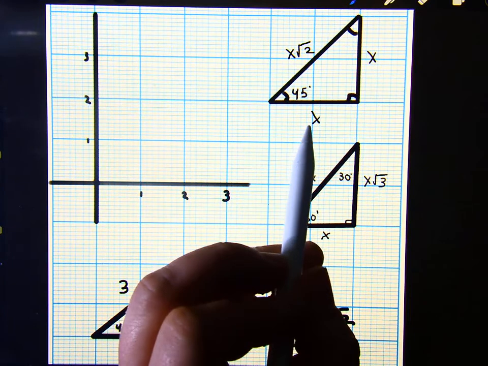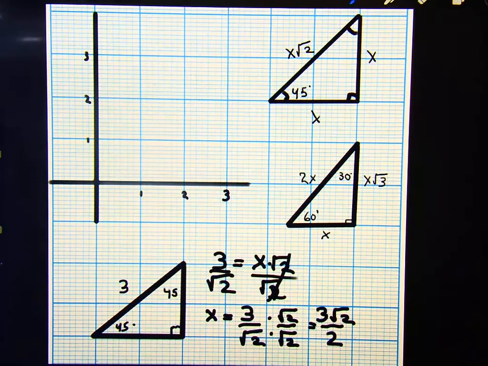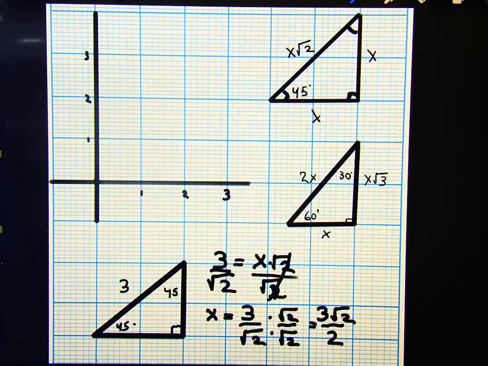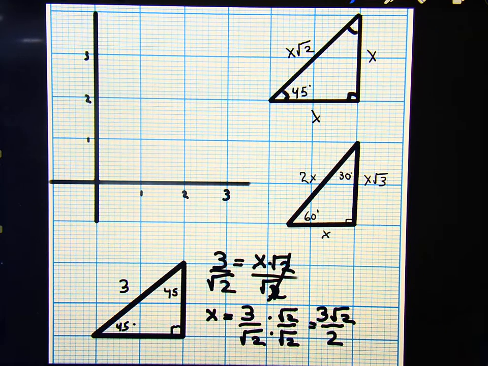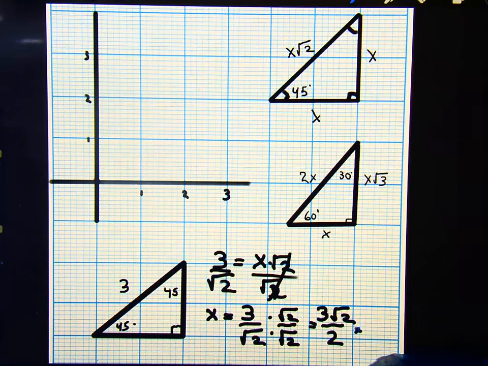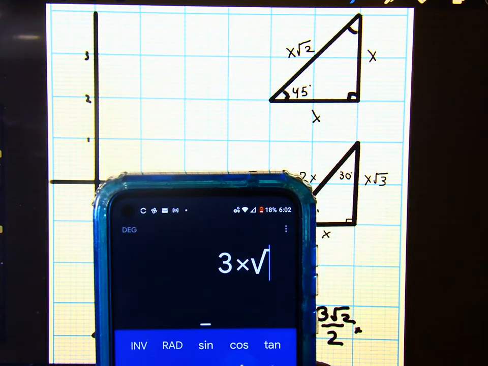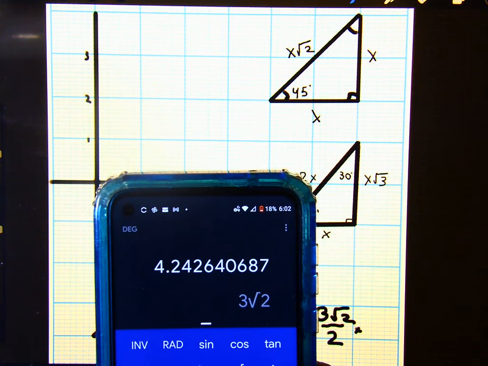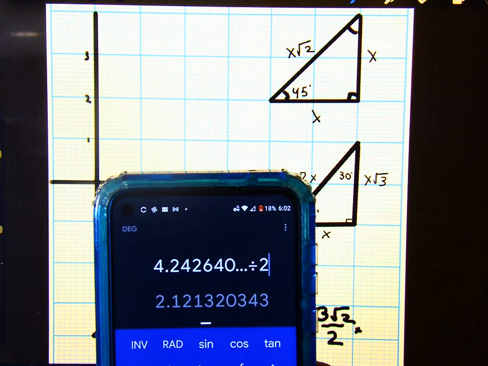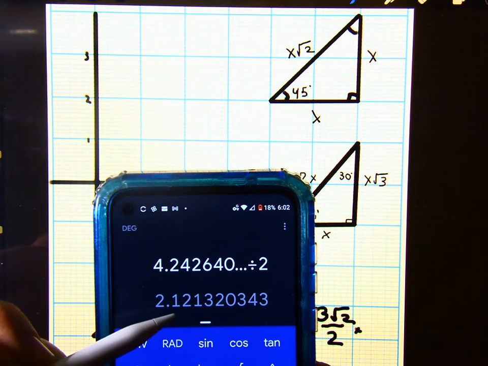That also means that's what x equaled over here. So if I go get my calculator, let's say what is this actual decimal value, 3 times square root 2 divided by 2. What we get is 2.1 initially.